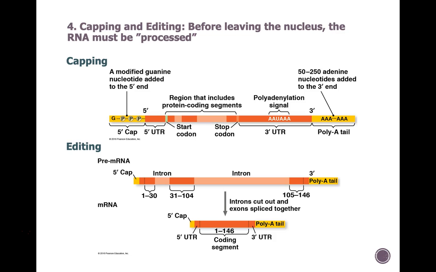So in the editing process, those introns, those non-coding regions that we talked about earlier in the lecture, are actually taken out, and the remaining region, the coding region of your gene, is stuck together. And so you end up with this processed messenger RNA with the cap on one end, a tail on the other, and just your coding region on the inside. It is this processed messenger RNA that's going to go into translation as its next step.